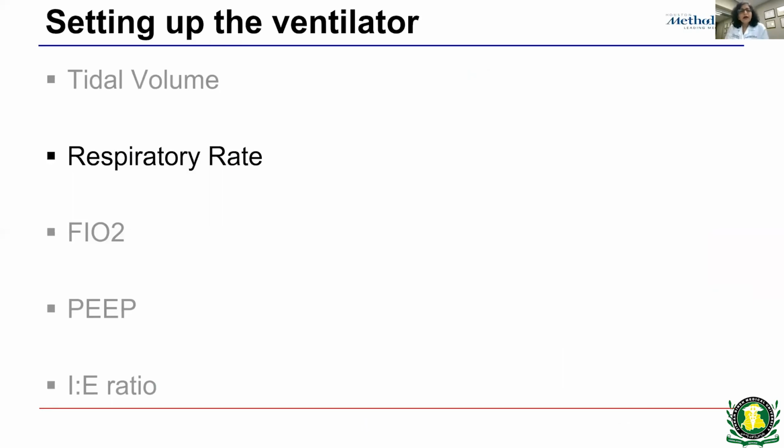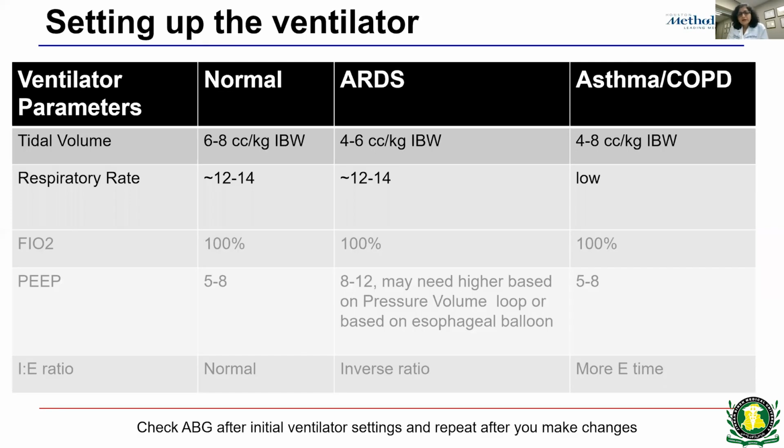Moving on to how do we set up the respiratory rate? Now, the respiratory rate has to reflect what's going on with the patient. So if the patient is having metabolic acidosis, they will need a faster respiratory rate. If they have very tight asthma or COPD, then you want to give them a much lower respiratory rate because that will help with giving the patient more E time, expiratory time.